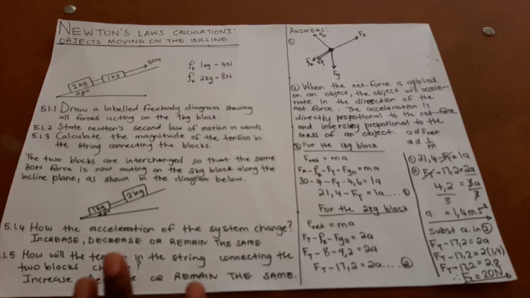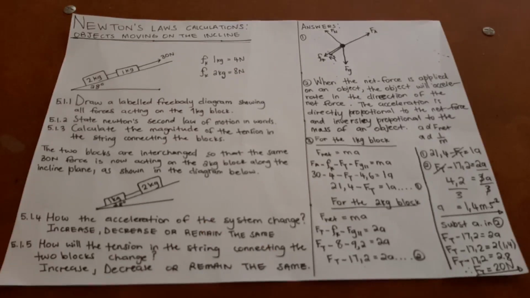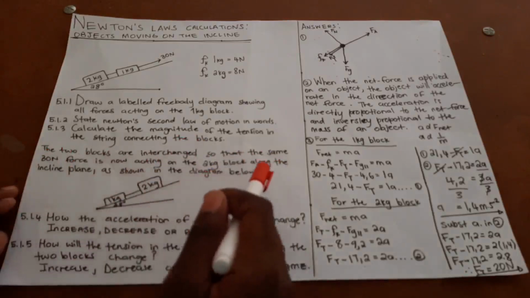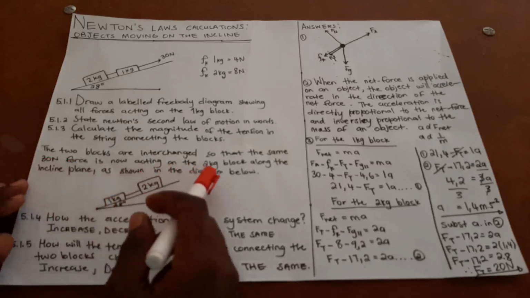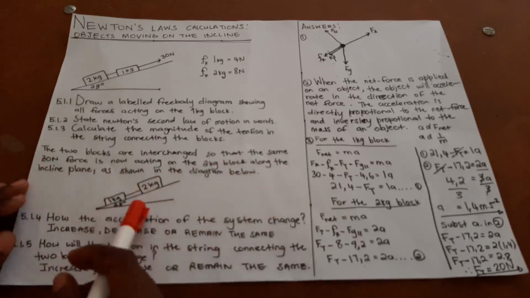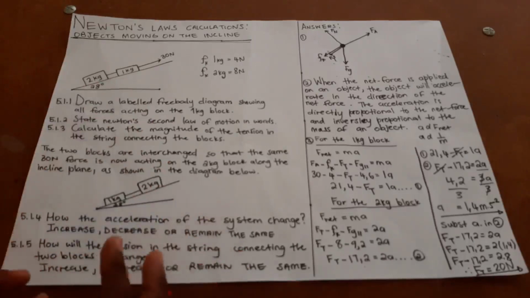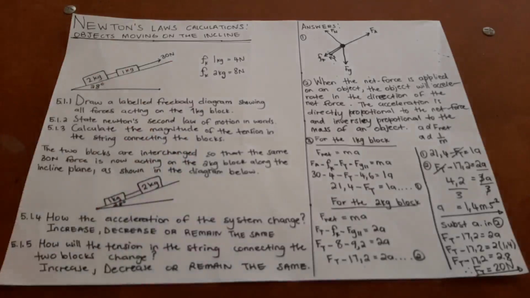So there is this question here, guys. The two blocks are interchanged so that the same 30 newtons force is now acting on the 2 kg block along the inclined plane as shown in the diagram below. So now these two boxes are interchanged, meaning the 2 kg block is the one being pulled by the 30 newtons, and the 1 kg is behind.